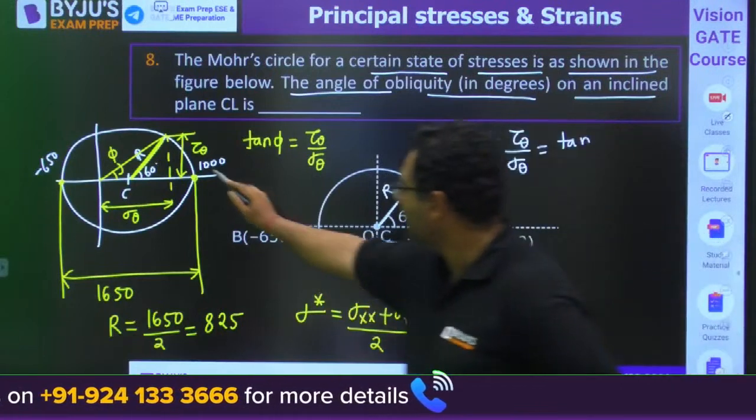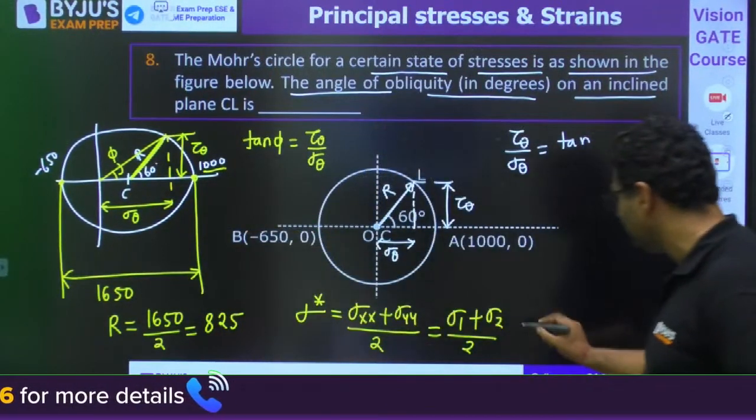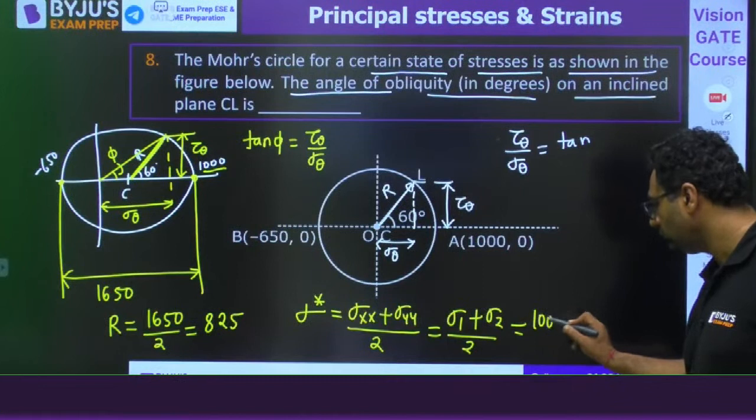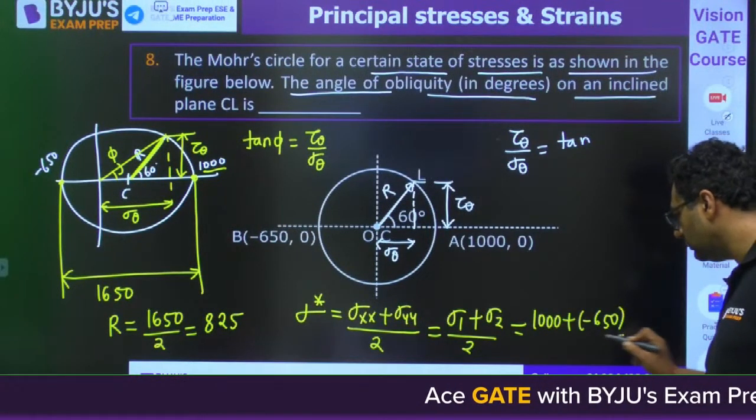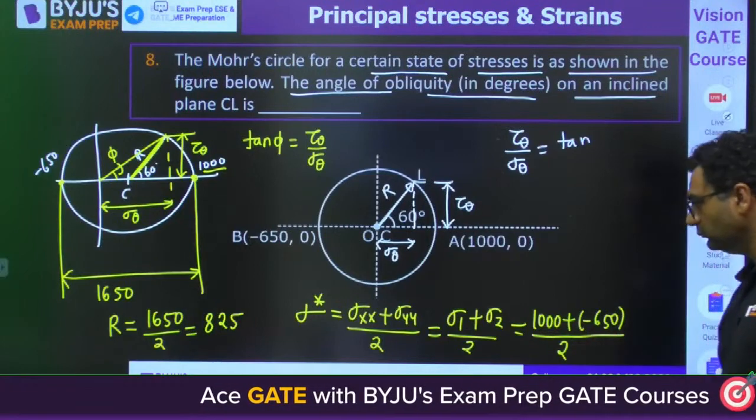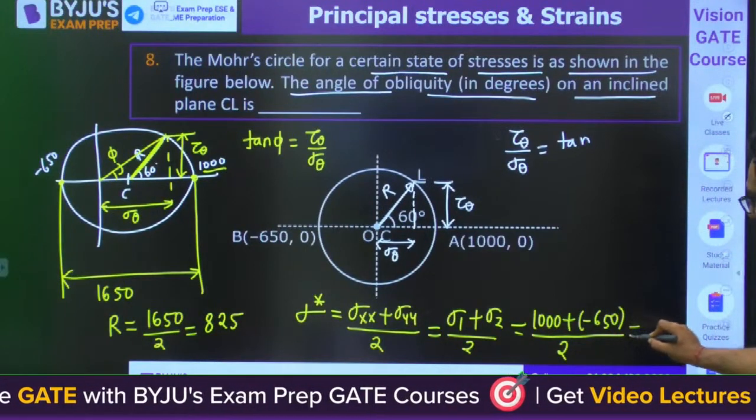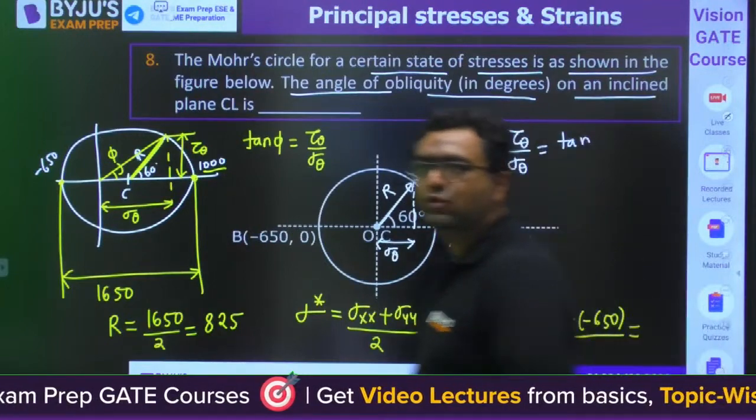We know sigma 1 is 1000, sigma 2 is minus 650. This will give you sigma star.